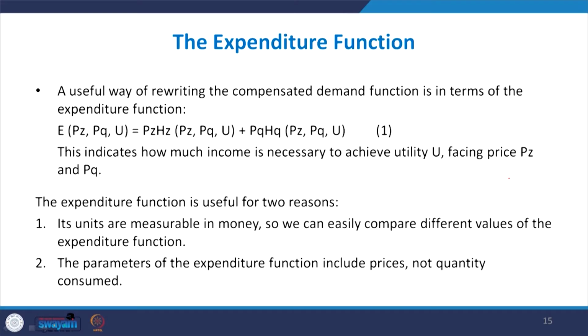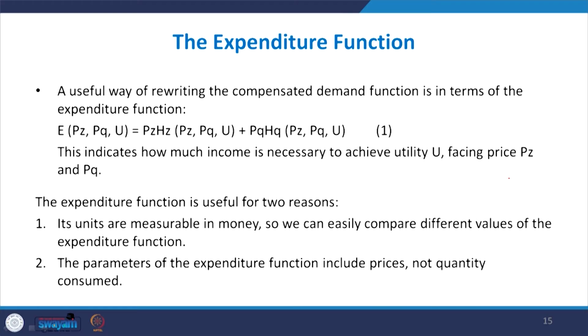The expenditure function is useful for two reasons. First, its units are measurable in money. So, you can quantify and measure its unit in terms of money, and we can easily compare different values of the expenditure function.